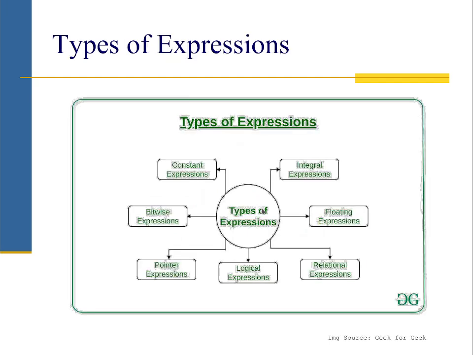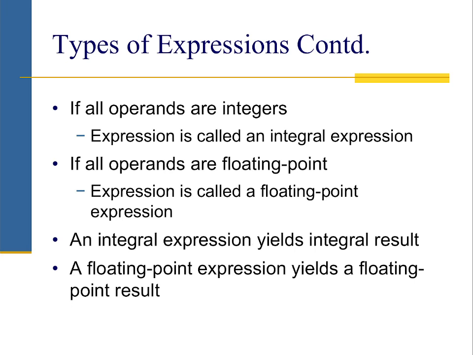We have types of expressions, numerous types of expressions. We have the constant expression, bitwise expression, pointer expressions, logical expressions, relational expressions, floating expressions, and integral expressions. These are all types of expressions. We will get to know almost all of them today. If all operands are integers, then the expression is called an integral expression.